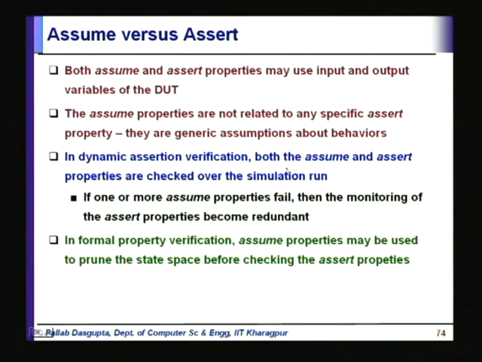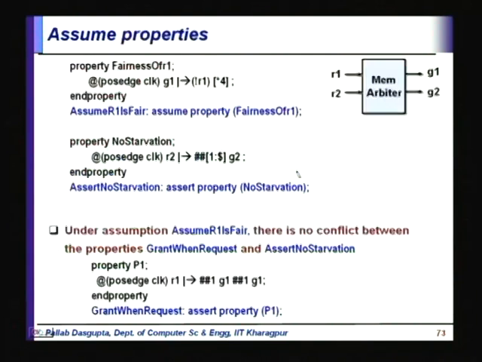In dynamic assertion verification, what is going to happen? When the simulation is taking place, the assume property will be monitored, the assert property will also be monitored, right. Now, suppose the assume property fails, what does that mean?